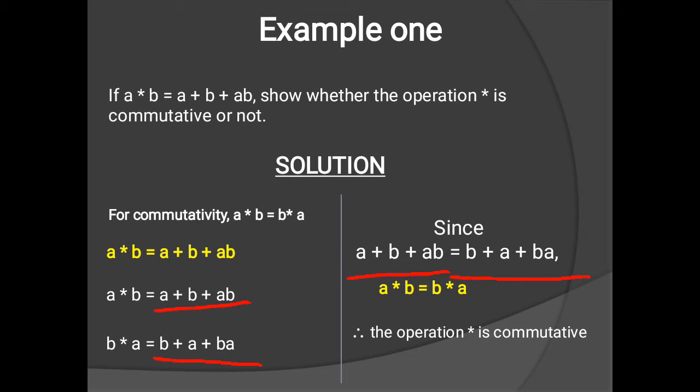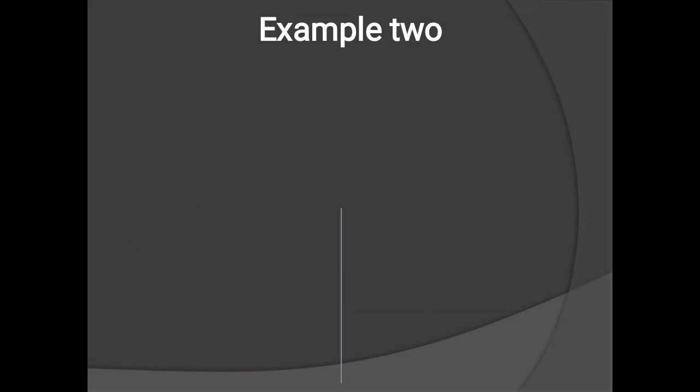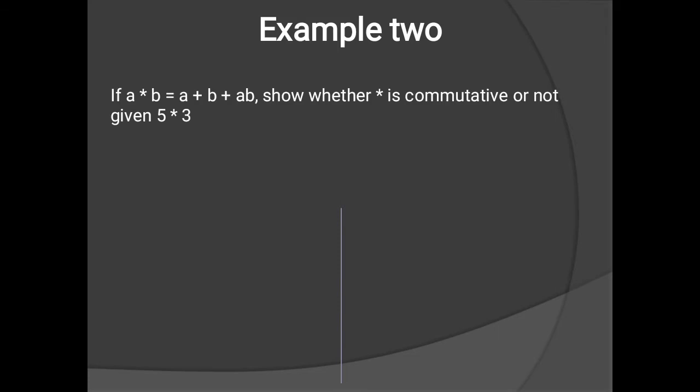Don't worry, we will use numbers to solve, and then we see what we are talking about. So example 2, using the same formula, the same rule, the same definition. It says A operation B is equal to A plus B plus AB. First one plus second one plus first one times second one. We should show whether the operation star is commutative or not, given 5 operation 3.